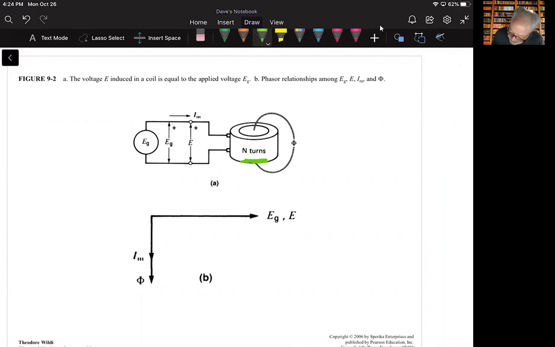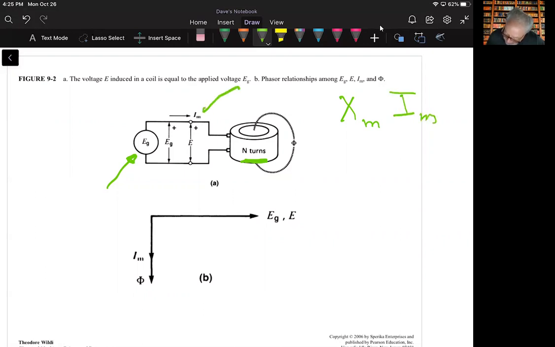Since it's a source voltage, we're going to call that E sub G. And E sub G produces a current, and there is a reactance in the coil. We're going to ignore any resistance in the coil, and we'll just simply look at inductive reactance that we're going to call X sub M. And it's going to draw a current that we're going to call I sub M.